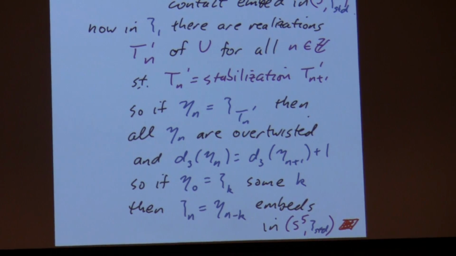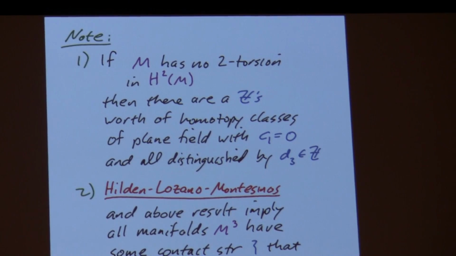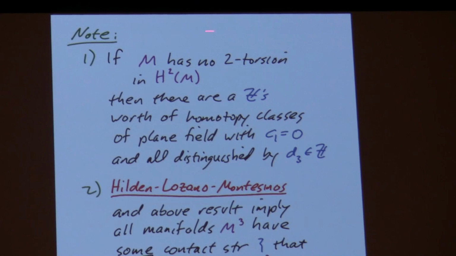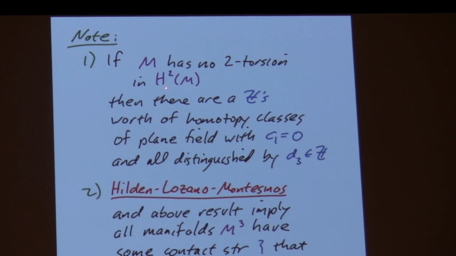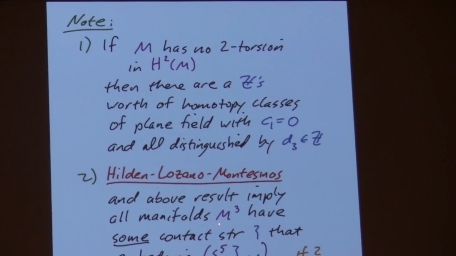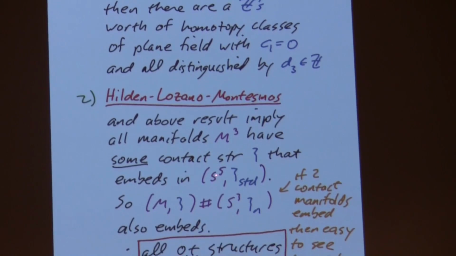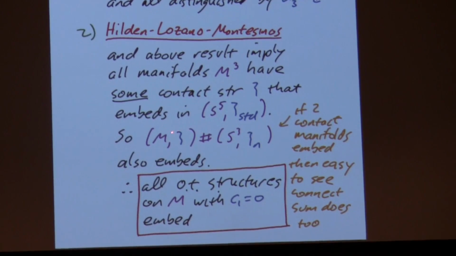Great. Well, from this, we can prove a nice result that we stated earlier. Suppose you have a 3-manifold that has no 2-torsion in its second cohomology. Then it's known that there's exactly an integer's worth of homotopy classes of plane fields with c1 equal to 0, and they're distinguished by their d3 invariant. The Hilden-Montesinos theorem tells us that there is some embedding of M3 into S5 braided about S3, and therefore you have some contact structure embedded.